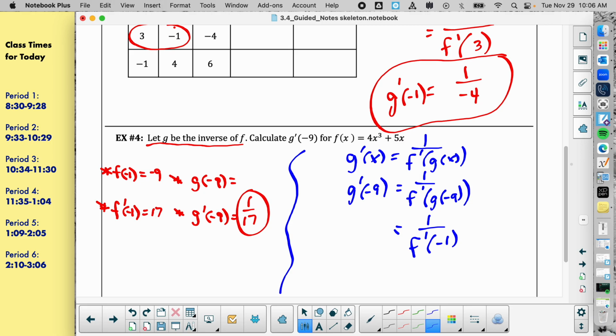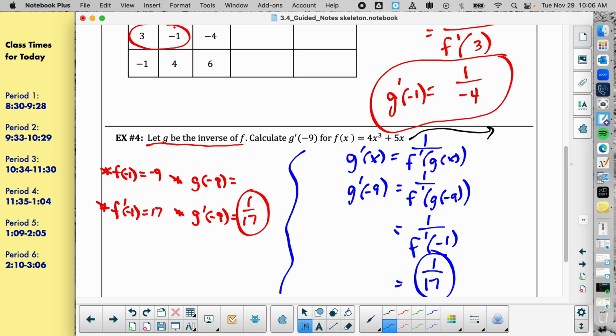And then the next thing is to find the slope of f at -1, which we calculated was 17. The formula is the exact same steps as the first method, just written as a formula. Wait, where did you get the 17 from? I erased it because it was behind that.